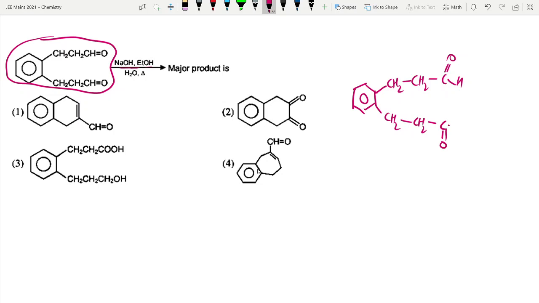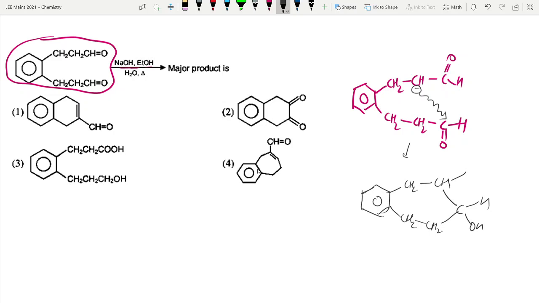Of course we will have a carbanion somewhere here, and both sides are the same, so we can have the carbanion anywhere, and it will attack the other carbonyl carbon and make the product. 1 2 3 4 5 6 7, yes, and he was right.